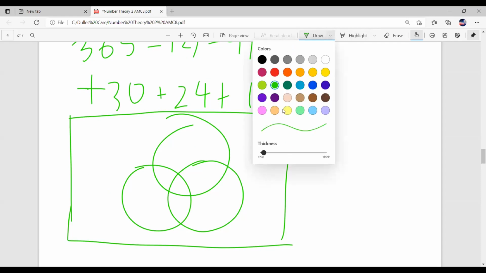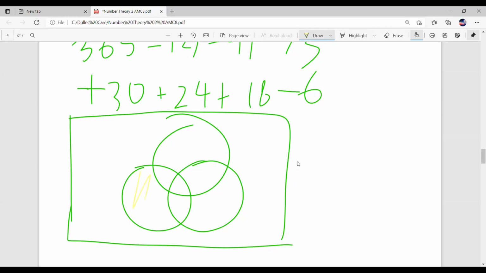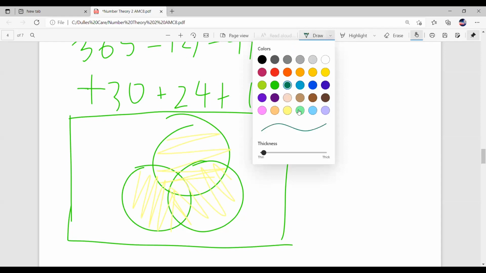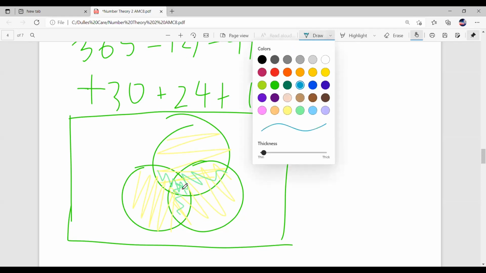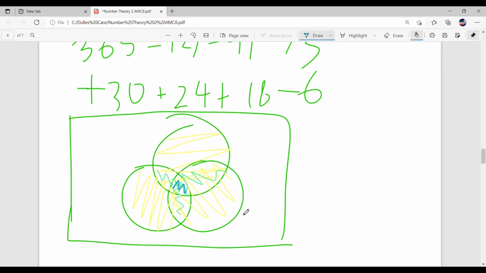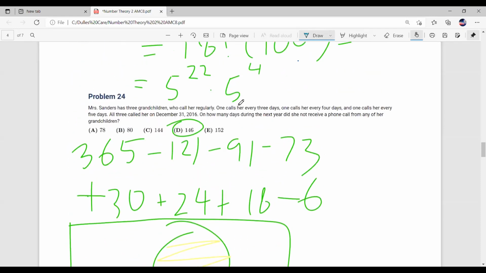So what we do is we subtract this, and we subtract this, but we over subtracted the parts that are right here. So we add this stuff back in. We add this, we add this, we add this. But then we added the part in the middle too many times. So we have to subtract it again. So we subtract the 6 at the end. So that's why I think everyone got 152. Does that make sense?